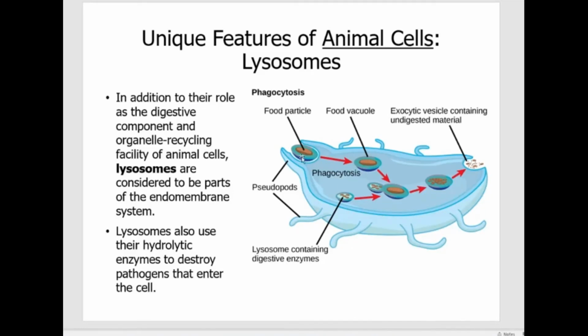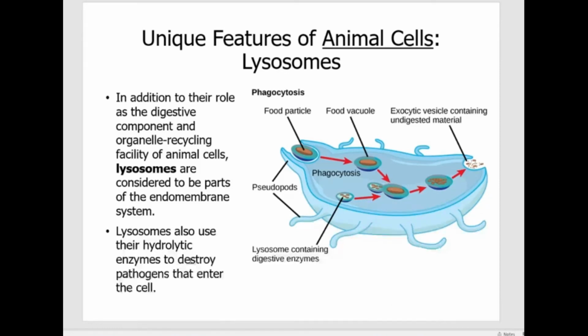The bacterial cell is transported inside the cell, and these little dots are the hydrolytic enzymes, very strong in breaking things down. The lysosome can come in and fuse with this vacuole or vesicle, and then the enzymes are going to destroy the bacteria.